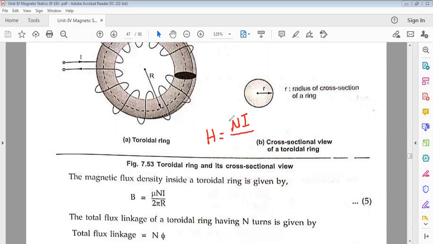Now it is 2 pi R, for the toroid ring with the radius R. So B is equal to mu into H. Then it becomes mu N I by 2 pi R. The total flux linkage of the toroid ring, the total flux linkage means N phi.